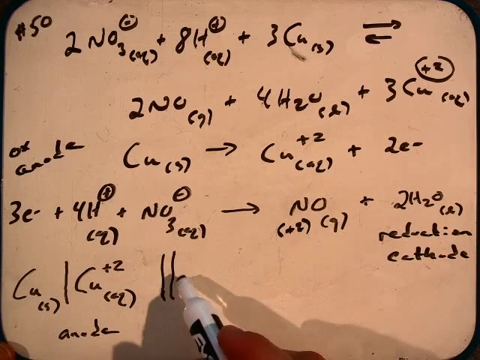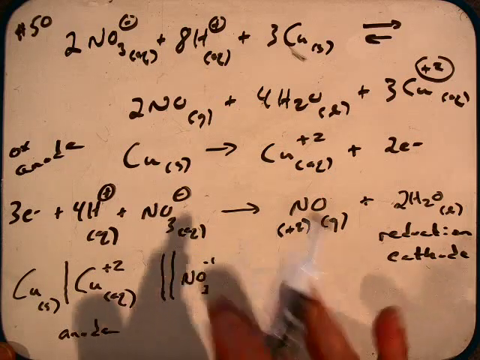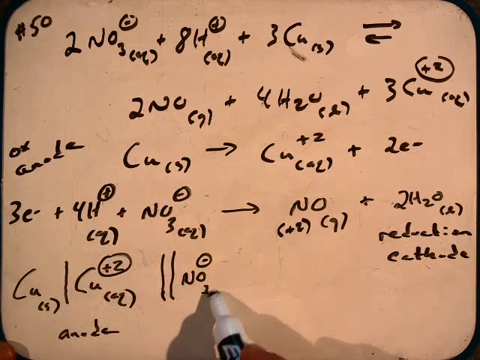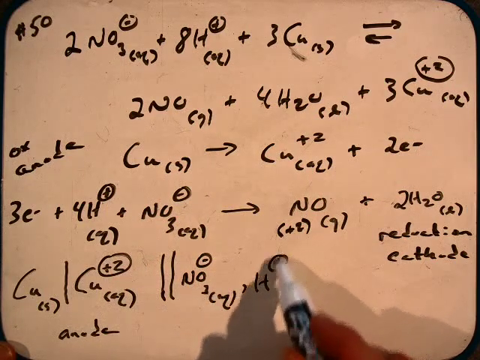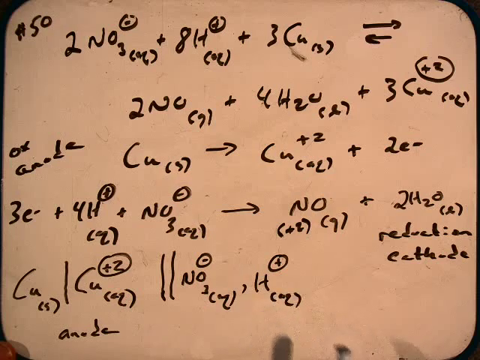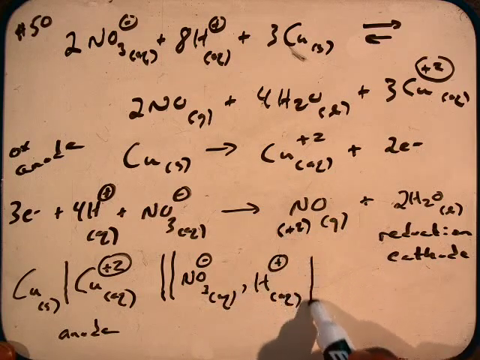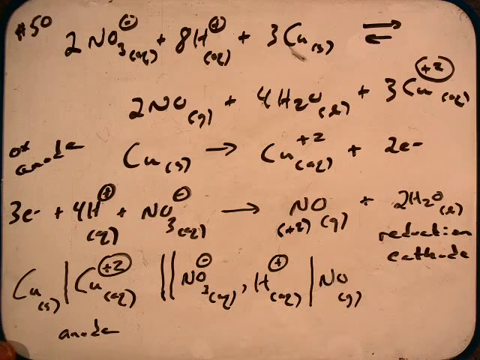For the cathode side, we have nitrate, we have protons, right? And those are both aqueous. But our nitric oxide is a gas, so we actually have to use another line there and represent that there is a phase difference.